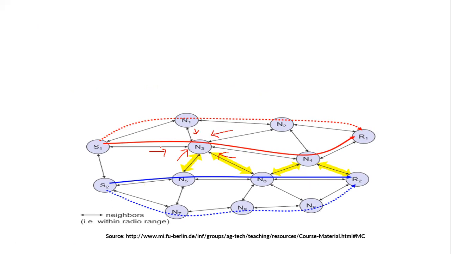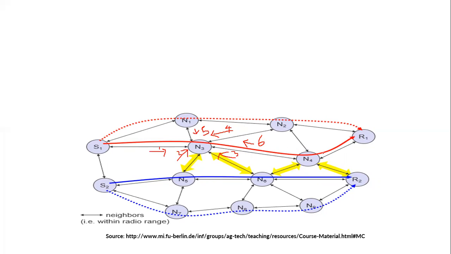So how many communications can it overhear? 1, 2, 3, 4, 5. It can overhear N4 also. So totally it can overhear 6 communications. So its interference value is 6. That is how we got 6.